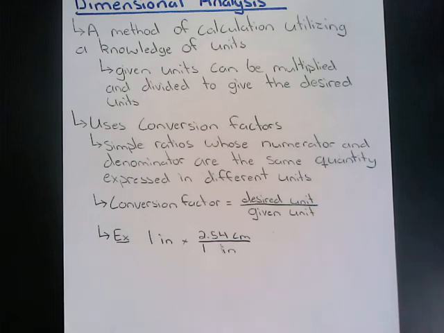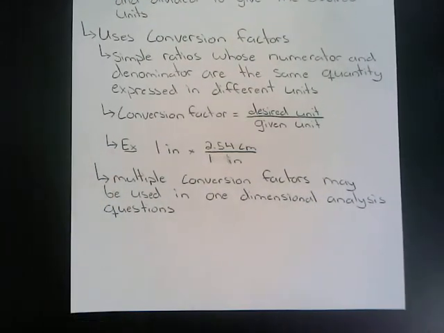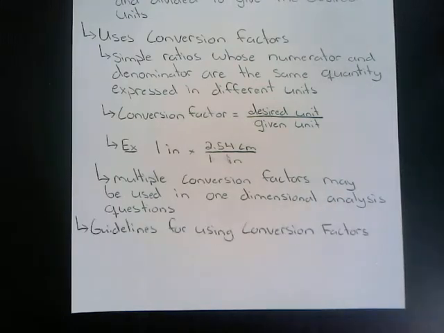Now, another thing to note is that multiple conversion factors may be used in one dimensional analysis question. The last thing that I want to go over on this page is just some generic guidelines for using conversion factors. The first guideline is that diagonal units have to cancel out. Again, diagonal units have to cancel out.